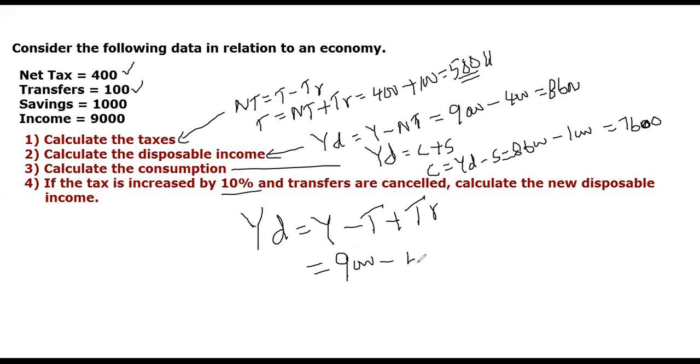Therefore, new tax is 550. Then no transfers, 0. 9,000 minus 550 is 8,450. 8,450 is the new disposable income. Are you okay with this?